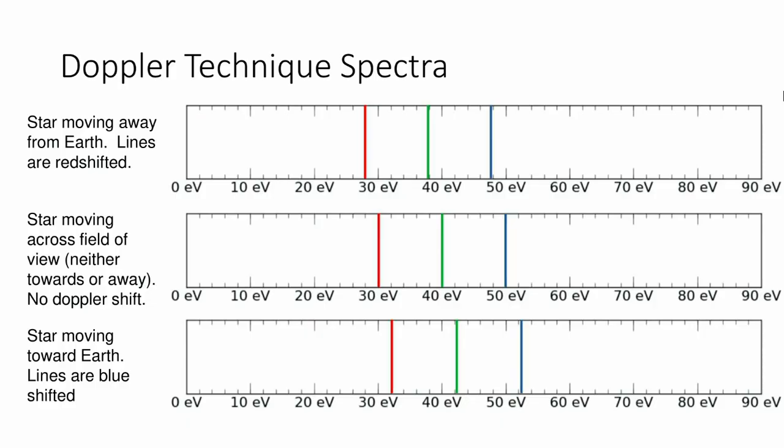But then sometimes those lines will be red-shifted, so they'll have less energy. And then at other times, those lines will be blue-shifted, meaning they have more energy. And so using the spectra of a star that you take, say, every day over the course of several weeks or months, you can detect any motion that that star is doing.